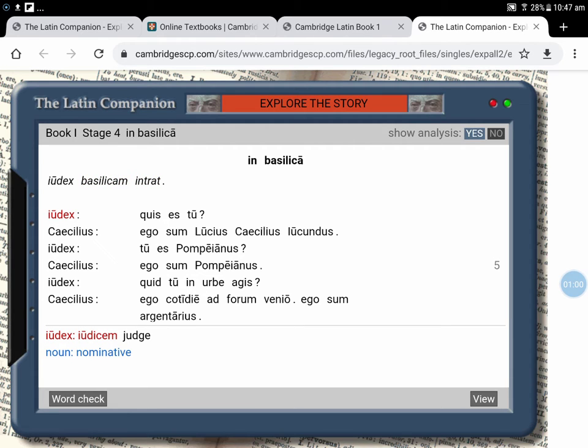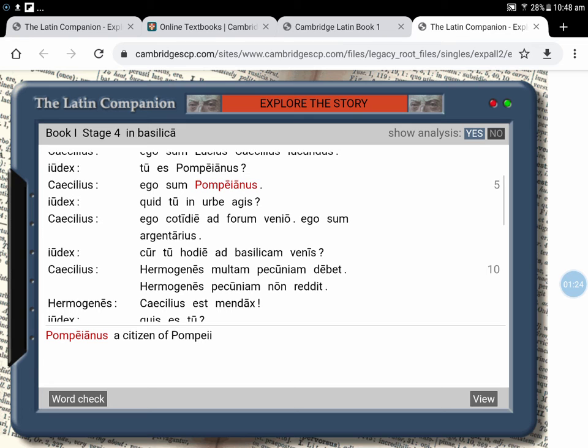The judge has to ask this simple question, quis es tu, and Caecilius has to say who he is. There's his full name. He's got 3 names because he's a Pompeian citizen, a Roman citizen, he must have 3 names. The judge has to check on his citizenship. Caecilius says, yep, I am.